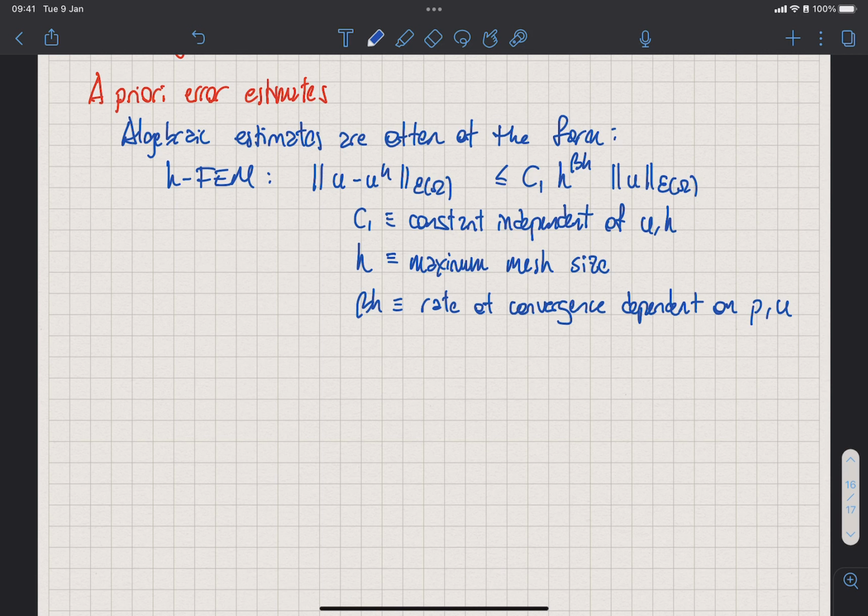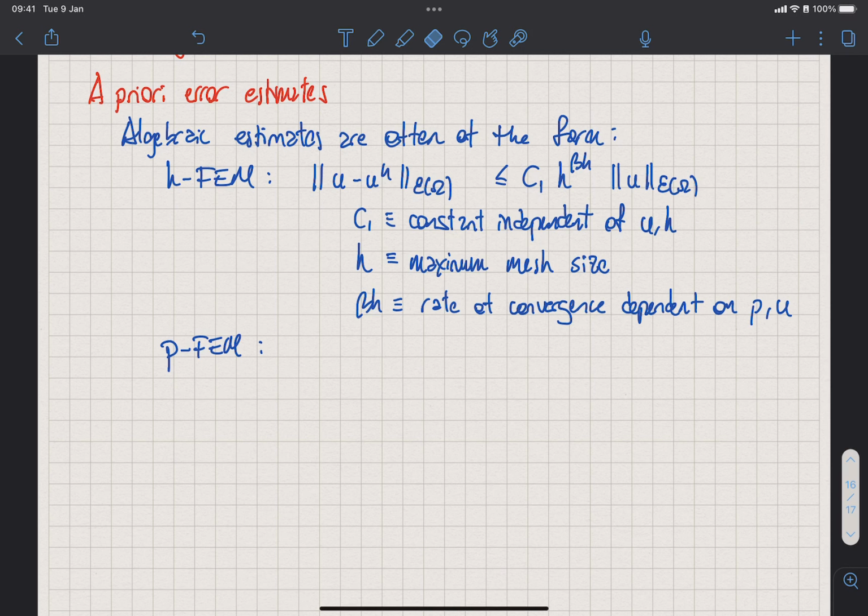Why? The mesh is always fixed. So in p-FEM we have to change the algebraic error estimate to include something intrinsic to p-FEM, which is the polynomial order.